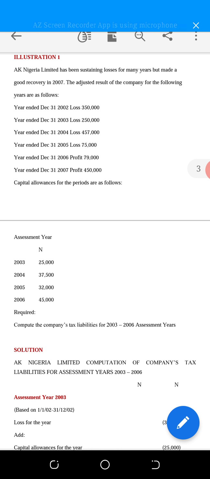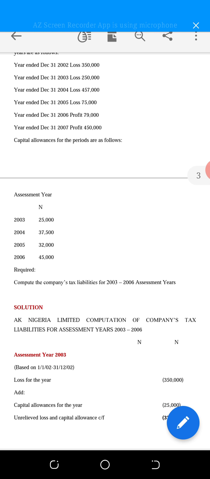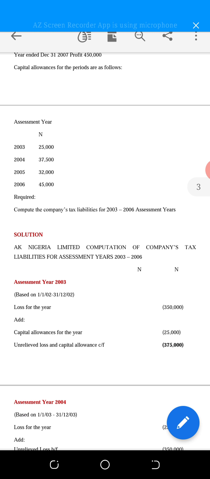We must be very good with our basis period. We know a company pays tax on a preceding year basis, so in 2003, the basis period is 1st January 2002 to 31st December 2002. That is, the loss they incurred is a loss of 350,000, which we have there. We had capital allowance.